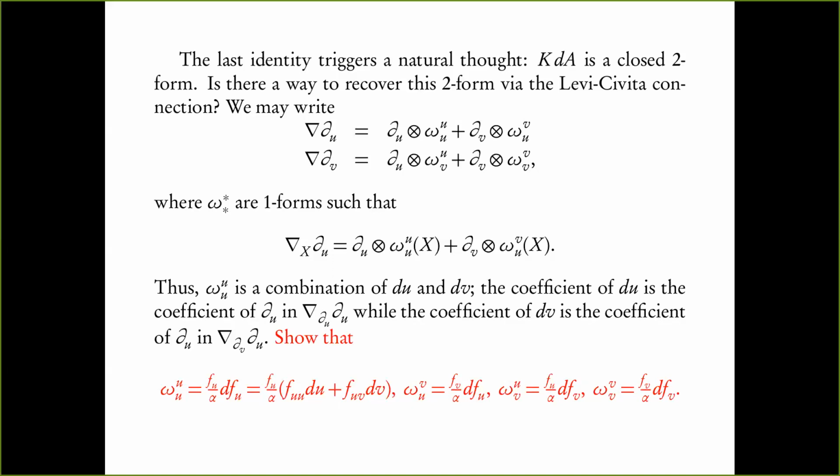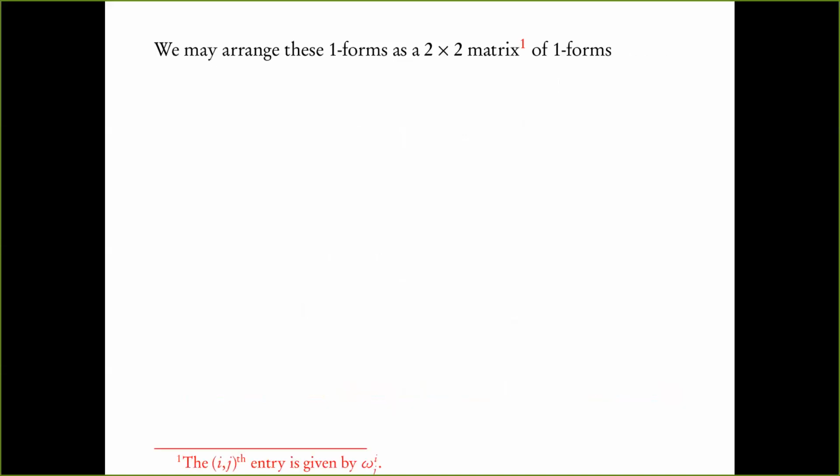Okay? So is this clear? So we know what the one forms are, all right? Good. So we get 4 one forms. So what can we do? Well, we could do lots of things with one forms, but because of how we had denoted these one forms, they had a superscript and a subscript.